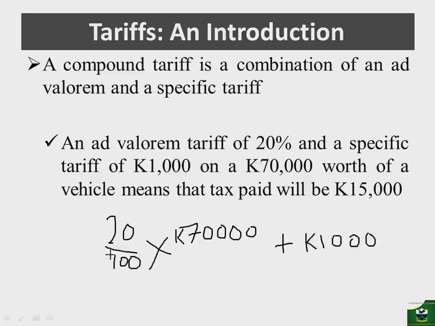So you have the ad valorem tariff plus the fixed tariff. The combination of these two brought together makes the compound tariff.